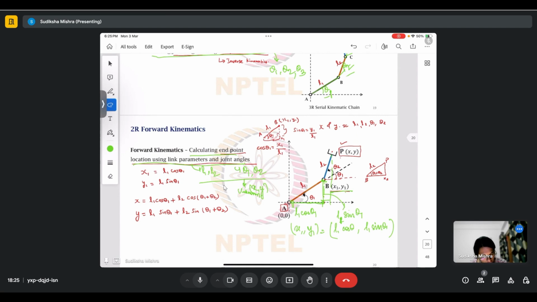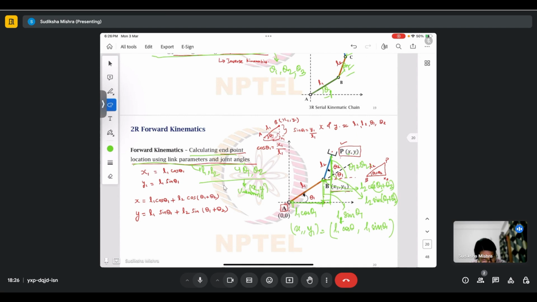Now this particular angle that L2 forms with the horizontal becomes theta 1 plus theta 2. So with trigonometry, if you find this and this, y would be this plus this, whereas x would be this plus this. This particular thing becomes L2 sin of theta 1 plus theta 2, whereas this particular thing becomes L2 cos of theta 1 plus theta 2.